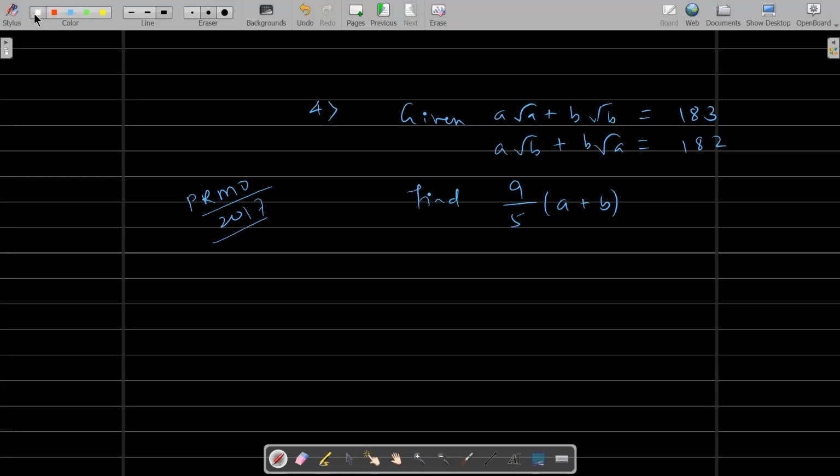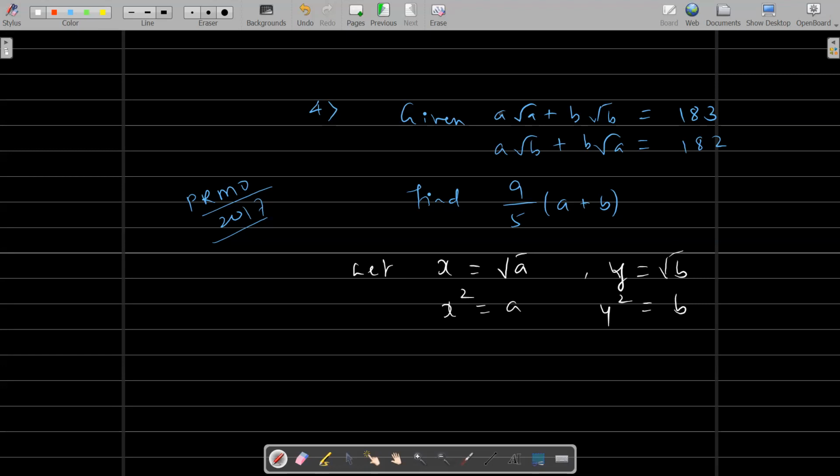So we need some algebraic identities. Maybe just to make it simpler, let's call root a as x and root b as y. So let x equal root a, which means x square is a and y square is b, right?